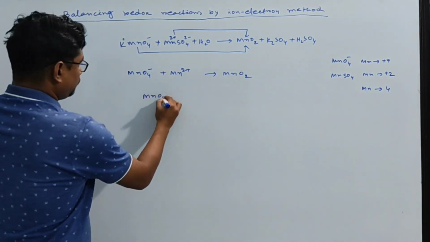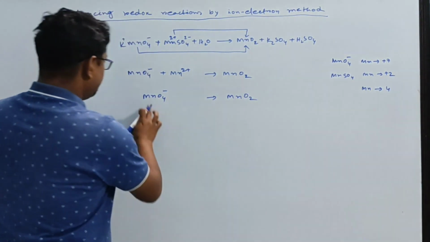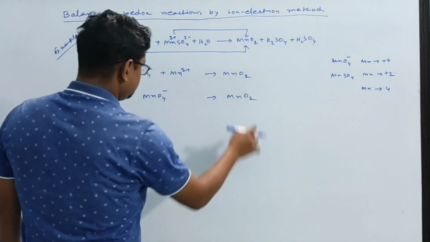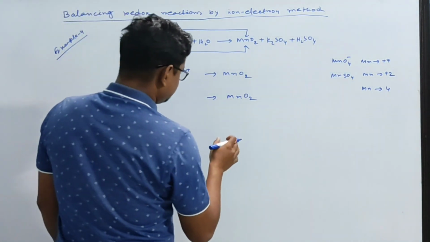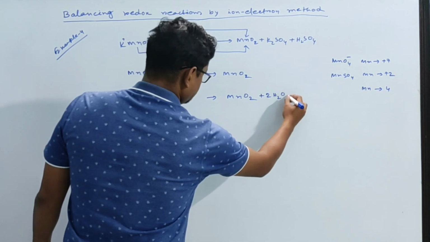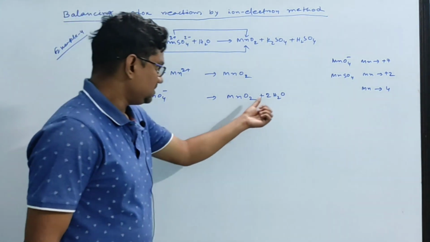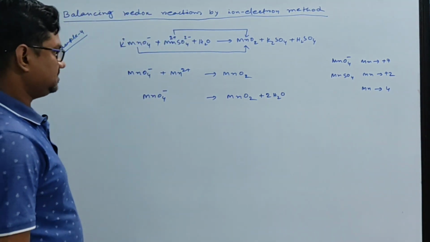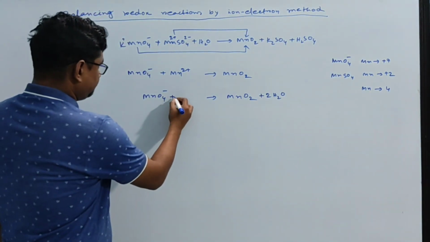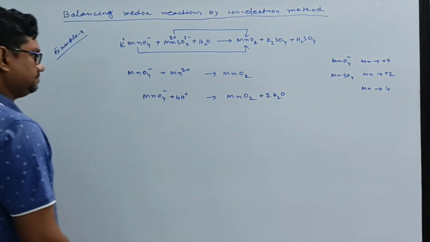So MnO4 minus going to MnO2. Manganese is balanced, one manganese, but here 4 oxygen, here it is 2 oxygen. So for balancing that, we need to add 2 water molecules at the right hand side. Okay, now oxygen is balanced, but there are 4 extra hydrogens added in the right hand side, so we need to add 4 H plus ions here to balance the hydrogen atoms.